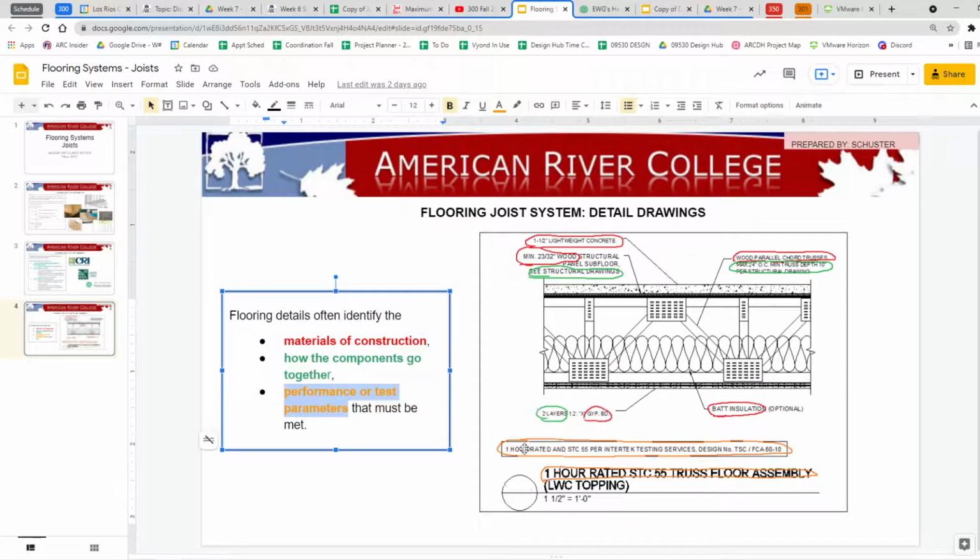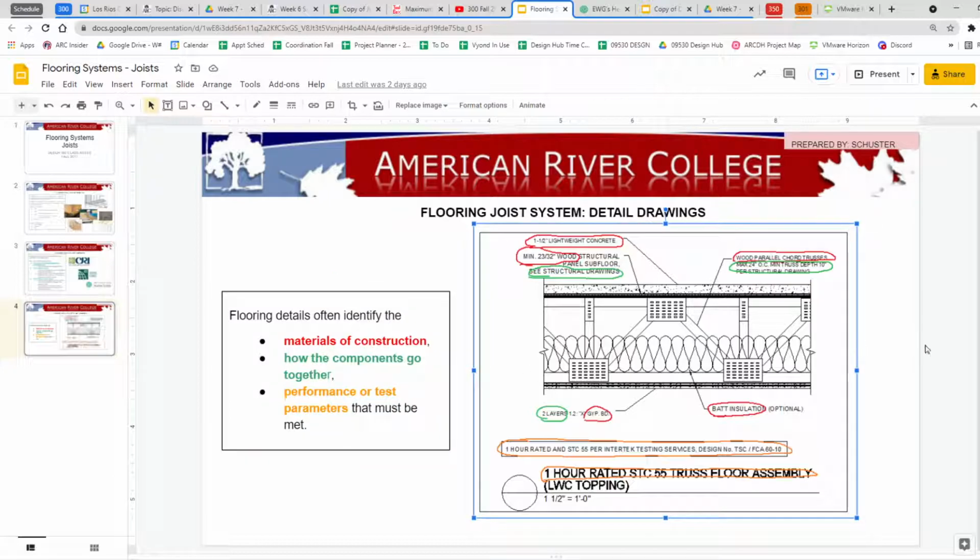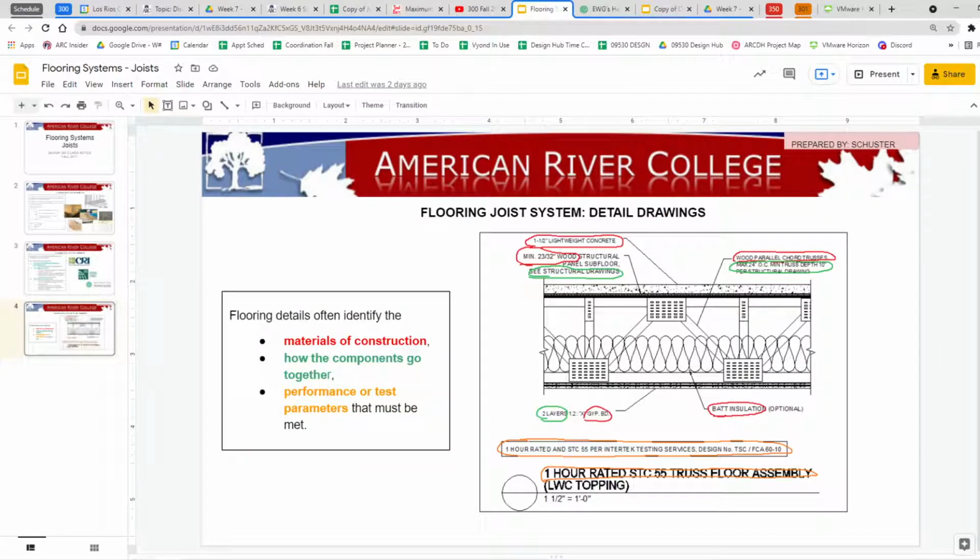Okay, and that's probably a fire rating. So it has to perform under a fire test. So it's got materials, it's got how it goes together, and it's got what it has to be able to do, a performance or test parameter. Okay, so your goal will be to find something like this and identify it sort of in this same way.